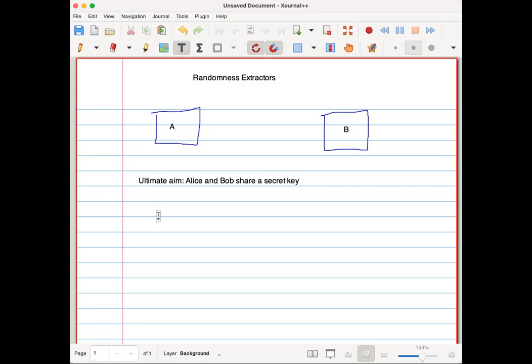Now, to start off with, what Alice and Bob have between them is something which is partially secret. We'll quantify what it means to be partially secret. They need something to start off with.